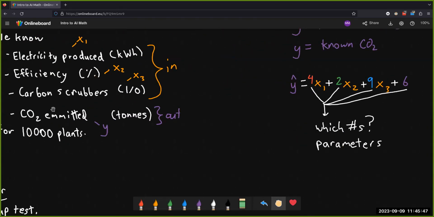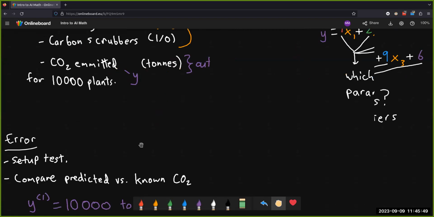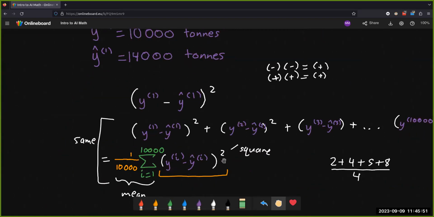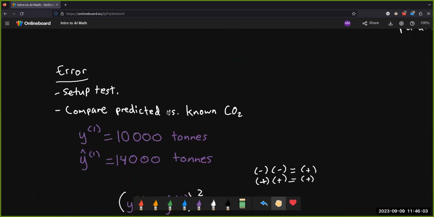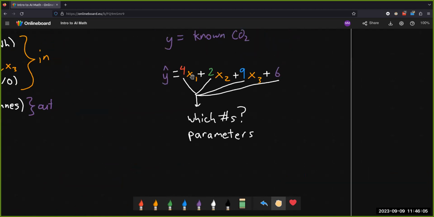Well, we're emitting tens of thousands of tons of CO2. We know that can't be very accurate. So this expression, if we've chosen bad sets of parameters, will give us a very, very big number. So it is our error function. It allows us to test: are the parameters that the AI model has chosen good or bad?